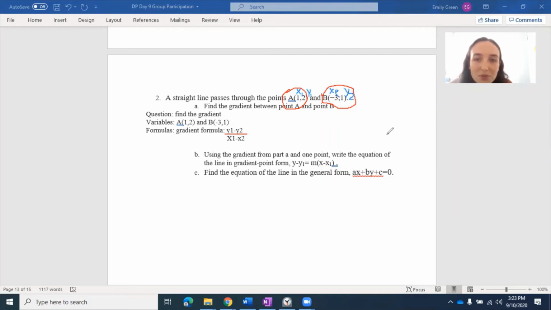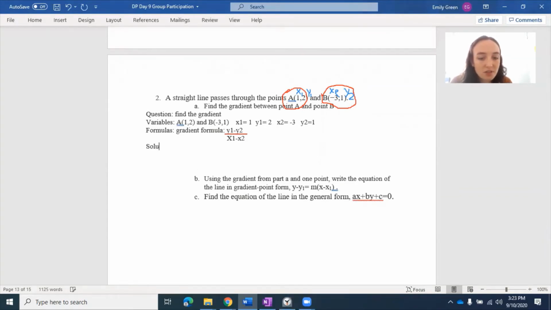Forgive my terrible twos. That means that I'm going to label my variables this way: x1 equals 1, y1 equals 2, x2 equals negative 3, y2 equals 1. This is going to make our life so much easier when we come to solving this.